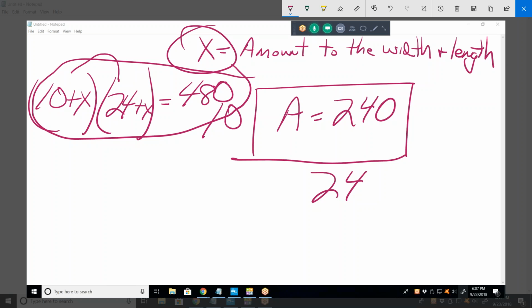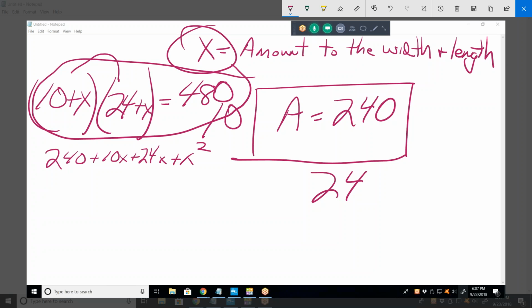So go ahead and FOIL them. Nope. X times x is not 2x.